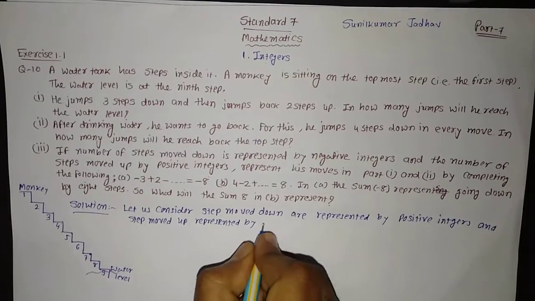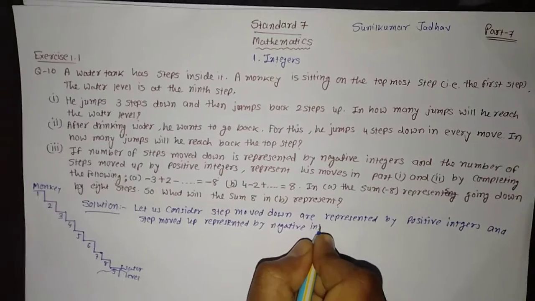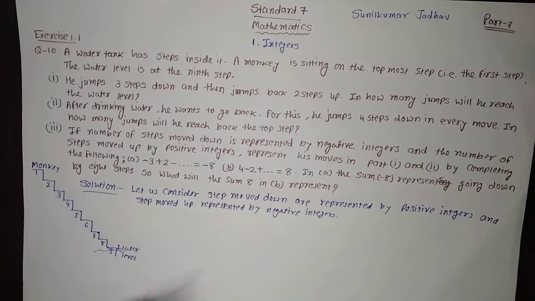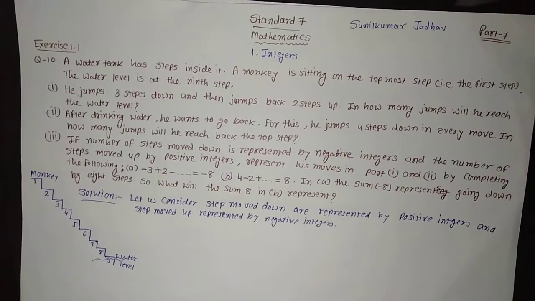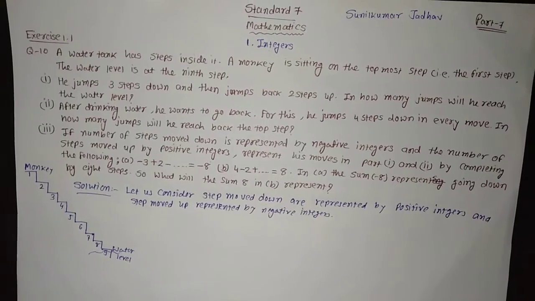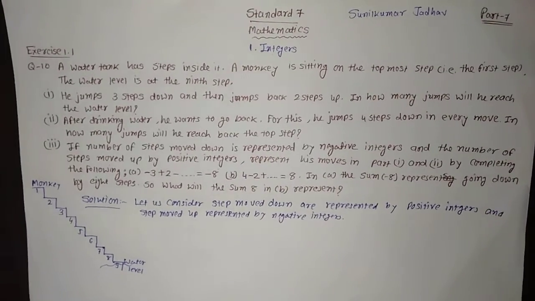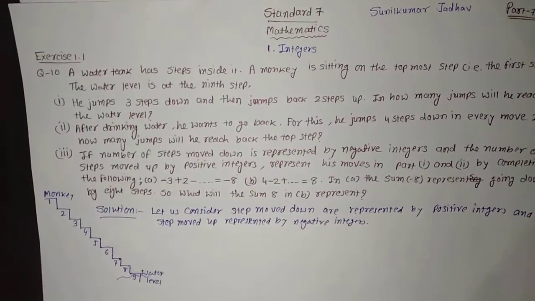So positive and negative integers we have kept. When moving down it is a positive integer, and when coming back up it will be considered a negative integer.